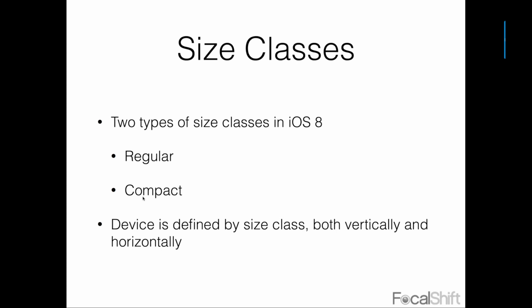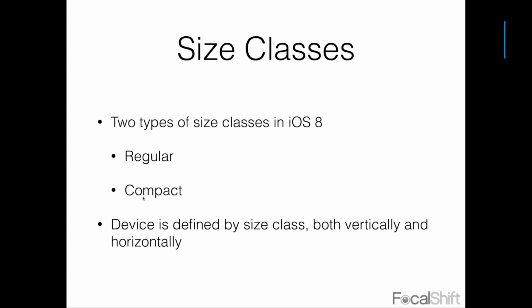Each of those size classes will be of one of 2 types. It'll either be a regular size class, or it will be a compact size class. And the combinations of either regular width, compact height, or regular width, regular height, and so on, those determine how the operating system will lay out that view and how it will apply subviews to the view hierarchy and how it will decide which auto layout constraints to apply or which ones to remove or maybe to change some properties of.